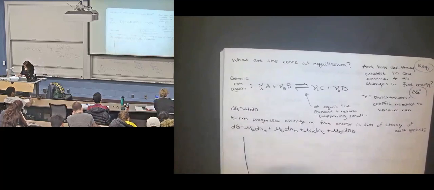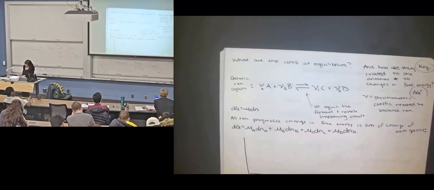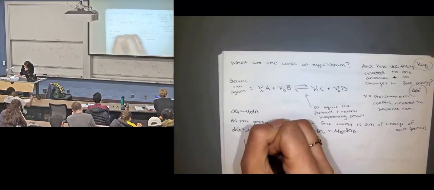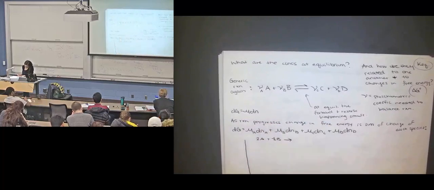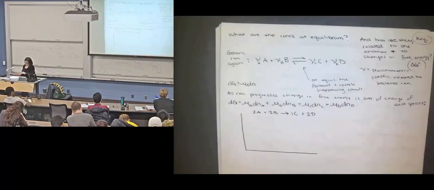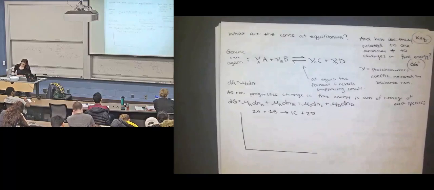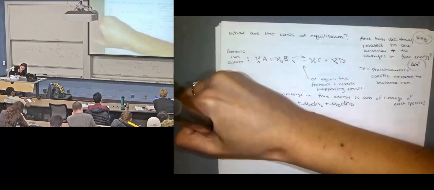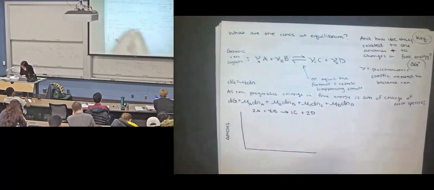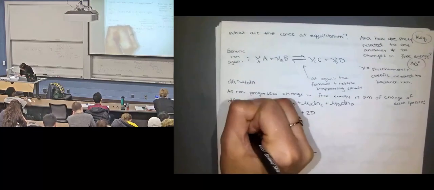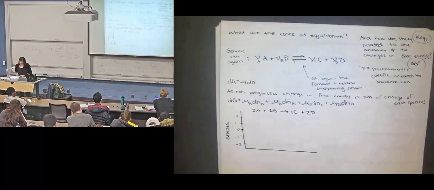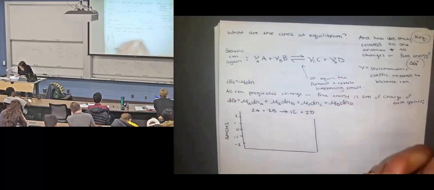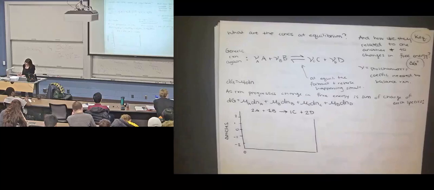So let's create a plot where we have 2A plus 1B making 1C and 2D, the example I alluded to earlier. Let the y-axis be the change in number of moles: 0, 1, and 2, negative 1, negative 2. This is 0.